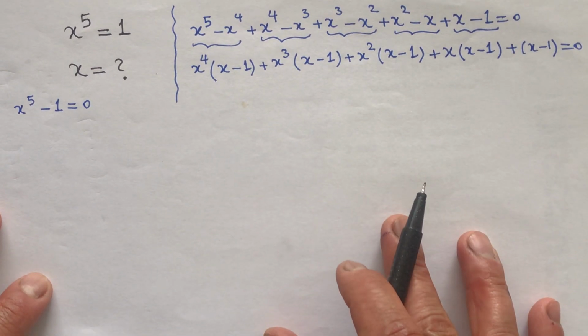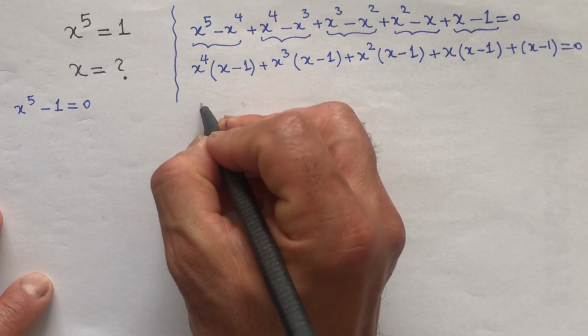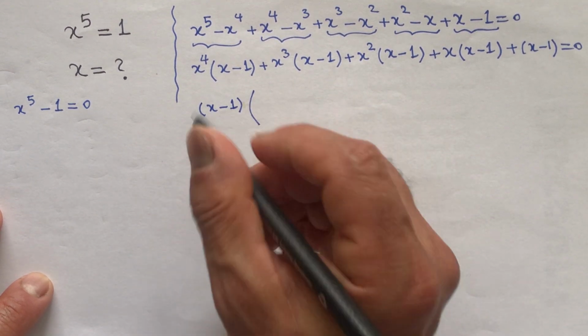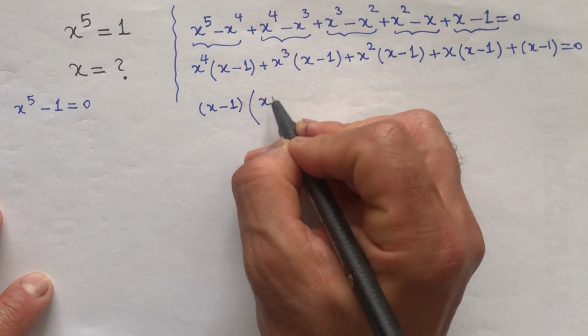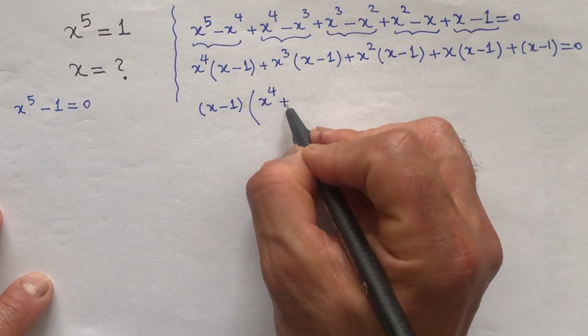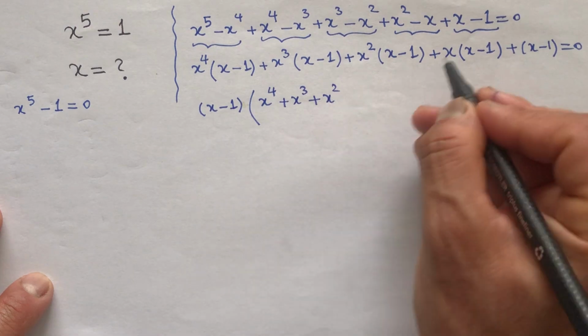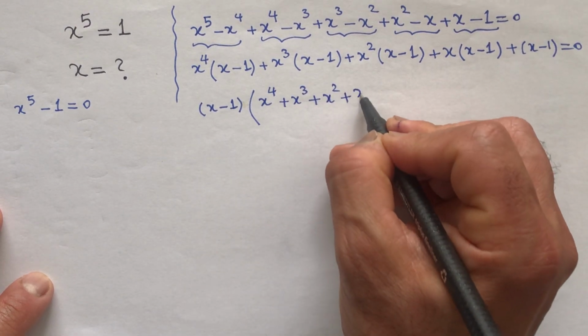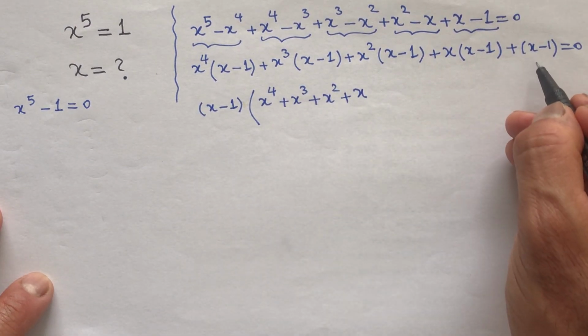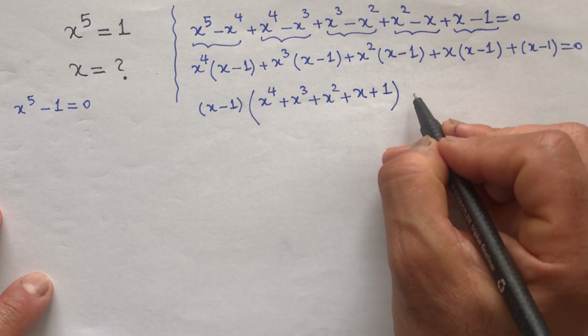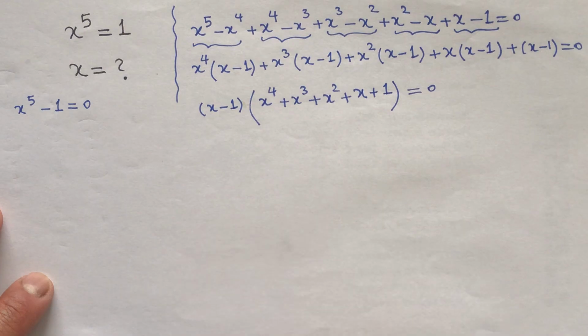So I can factor out x minus 1 again. Other terms remain x to the power of 4 plus x cubed plus x squared plus x, and finally just 1, equals 0.